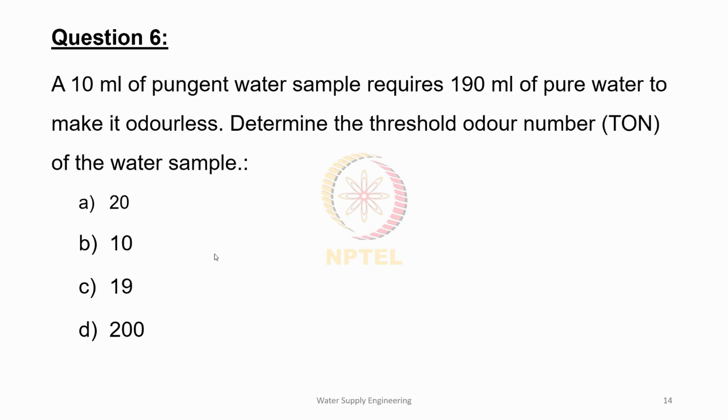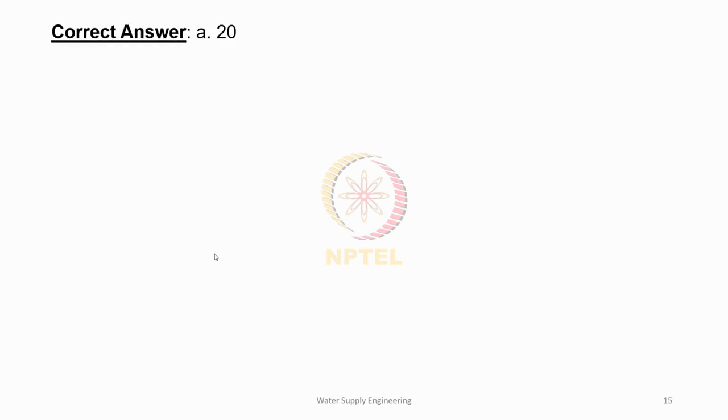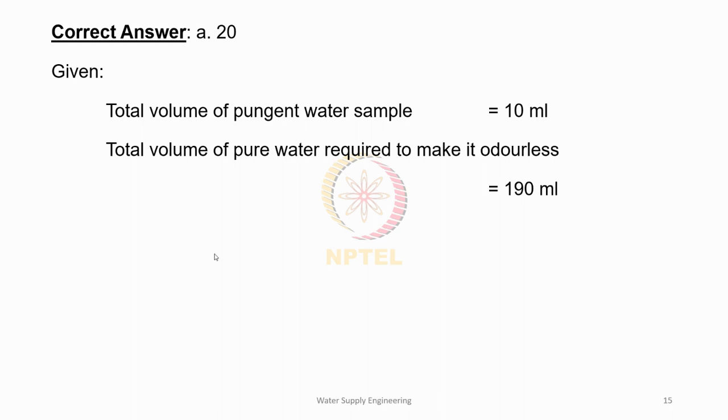Okay, let's see how to solve it. I have got answers as option A. Yes, it's option A. So we are given that the total volume of pungent water sample is 10 ml and the amount of pure water required to make our sample odorless is 190 ml.